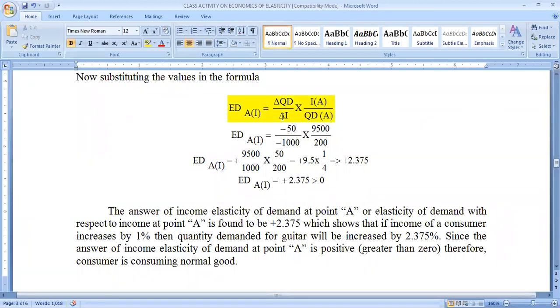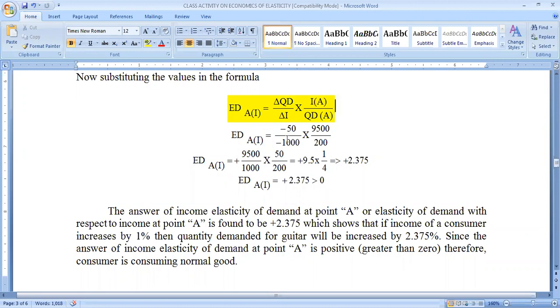In place of delta I, we have substituted its value, which is minus 1,000, multiplied by income at point A, $9,500, and quantity demanded at point A, 200 units. Then in the next step, 9,500 divided by 1,000, the minus and minus becomes positive. Then there comes a sign of multiplication.